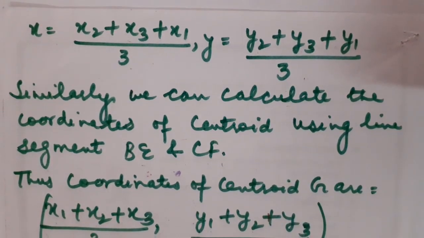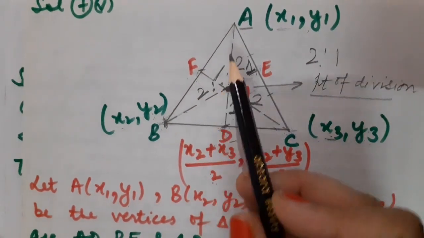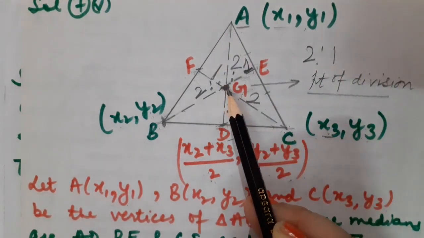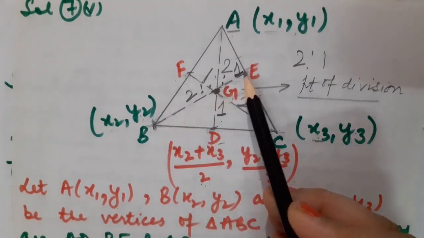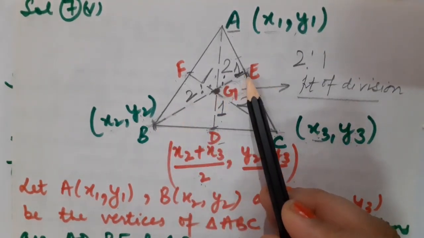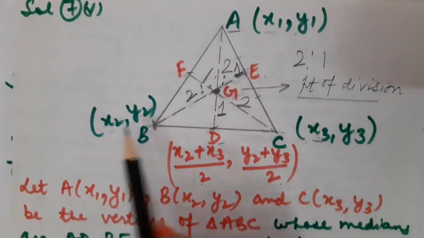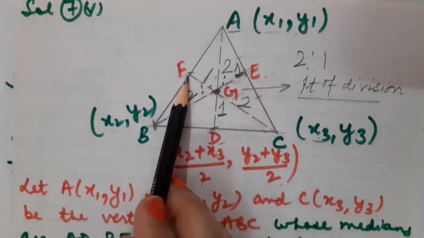Fine, children? Okay. In the same manner, suppose you do not want to take AD, that particular line segment. Look at the previous sheet. If you do not want to take this AD to calculate the coordinates of G point, then you could take this BE also. But there you are going to calculate the coordinates of E point using the midpoint formula. Suppose you do not want to take this BE, you could go with CF also.